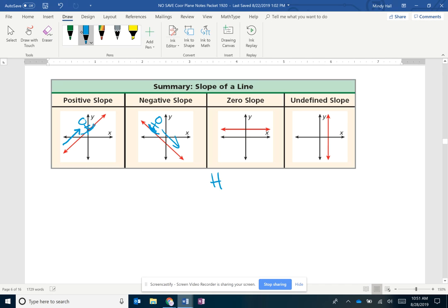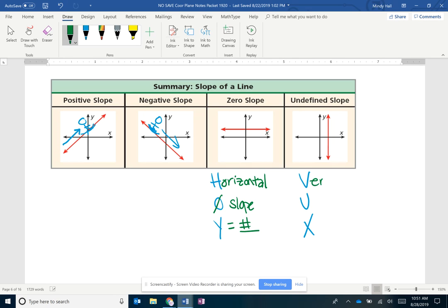We do have a little memory trick to help you remember your horizontal and vertical lines. When you have a horizontal line, it has a 0 slope, and it is y equals some number. So that's HOY. HOY tells you a horizontal line is always y equals something and your slope is 0.